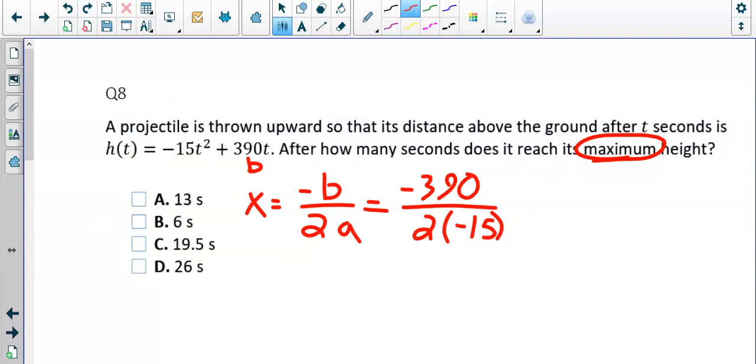So the answer is A. Cool beans? Yeah. If you haven't noticed, a lot of this test, like from question 2 all the way through question 8, is all about the what? The vertex. Vertex is everything on a quadratic.